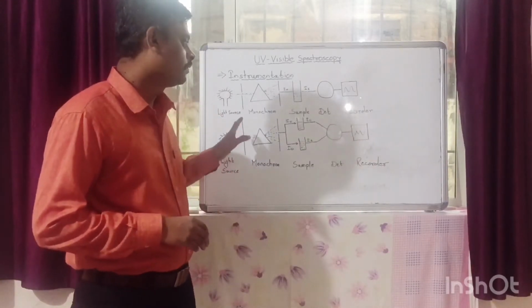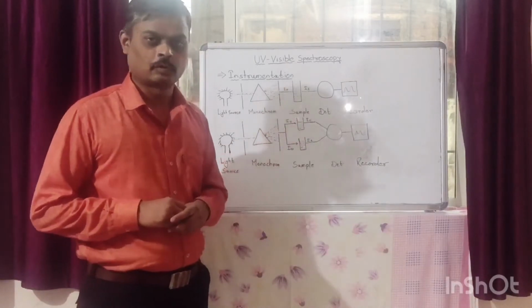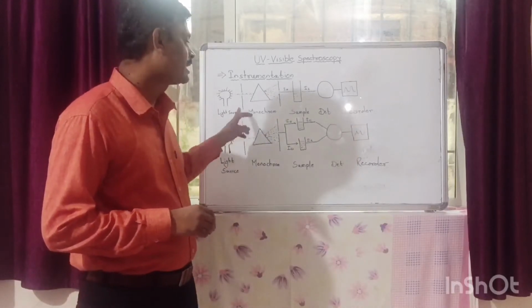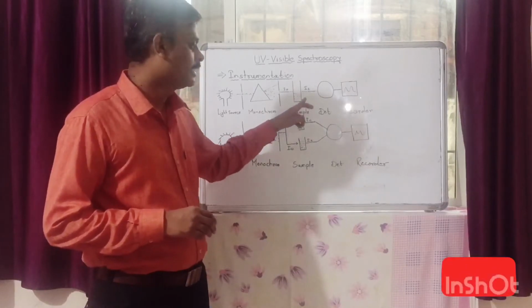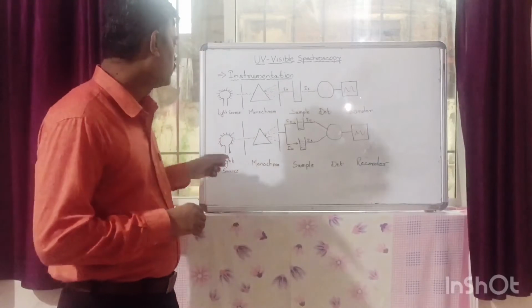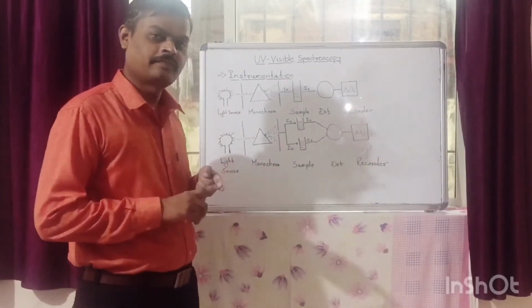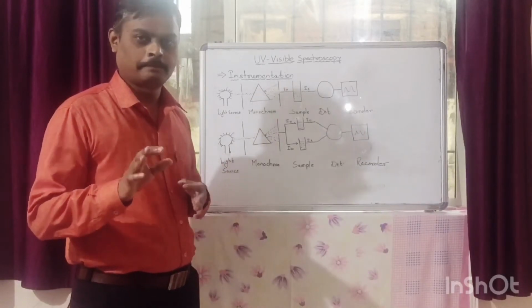There are 5 different components of a UV visible spectrophotometer. First is the light source, second is the monochromator, third is the sample cells, then the detector and recorder. The light source is a combination of a tungsten filament lamp and a hydrogen or deuterium lamp.